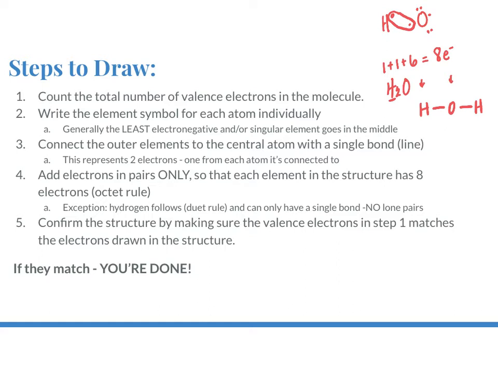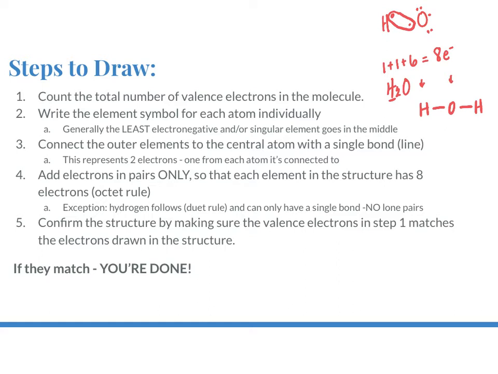Then you're going to basically add electrons in pairs only so that each element in the structure has 8 electrons. Now, you should know the exception to this octet rule, remember that everyone pretty much wants 8 like noble gases, except for hydrogen and helium. So hydrogen is going to follow that duet rule, and it can only have 1 single bond and no lone pairs. So to basically make this complete, my hydrogens are good because they each have that single bond. They have 2 electrons. They're good with their duet rule.